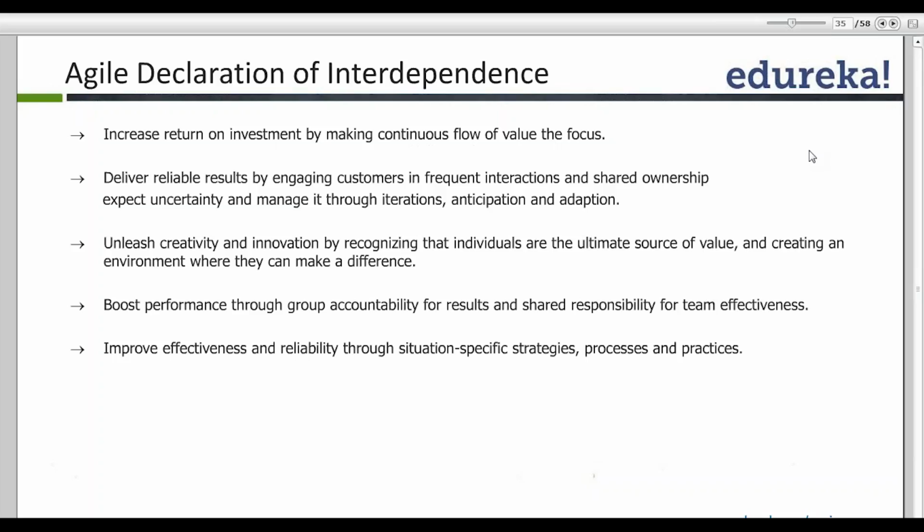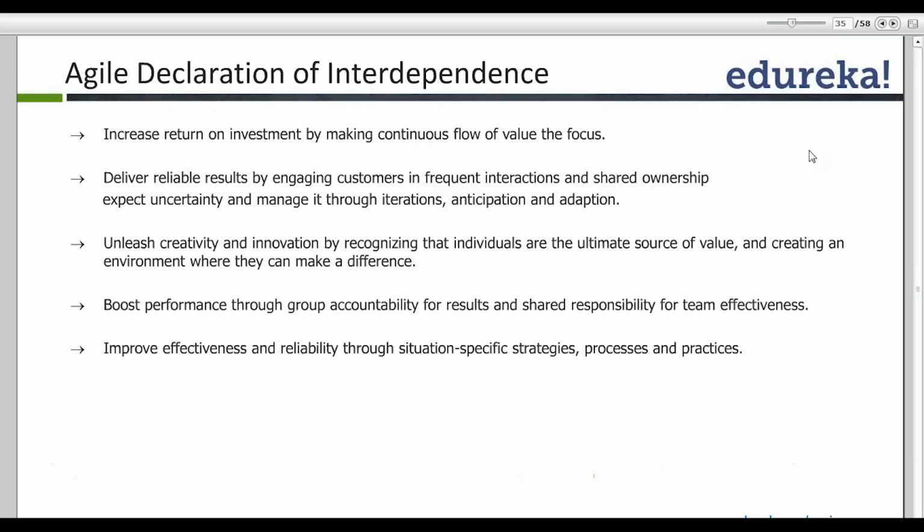The fourth point talks about boosting performance through group accountability for results and shared responsibility for team effectiveness. So how do we boost the overall performance of the team members? How does the group account for results, and take shared responsibility for team effectiveness? That is the next point.